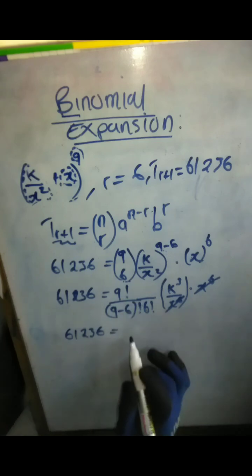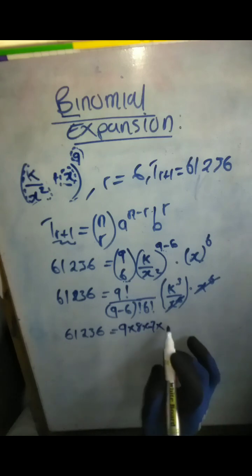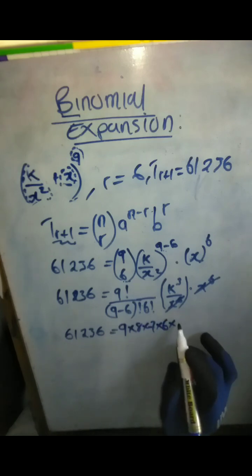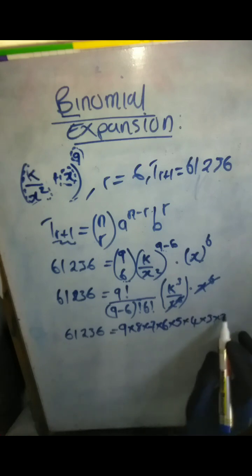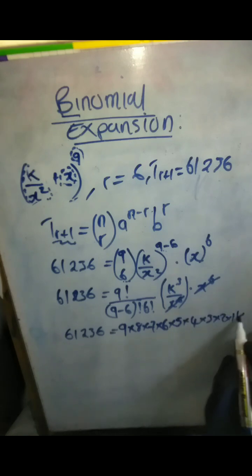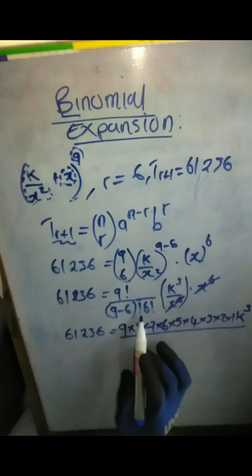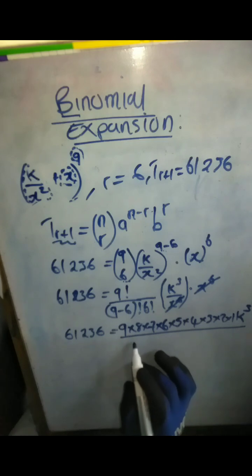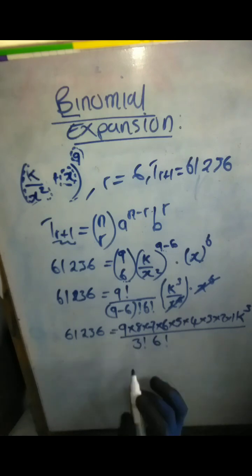So we have 9 factorial, which is the same as 9 times 8 times 7 times 6 times 5 times 4 times 3 times 2 times 1, then multiplied by k to the power 3 over, that's what factorial means. Then 9 minus 6 factorial, which is 3 factorial, then 6 factorial.